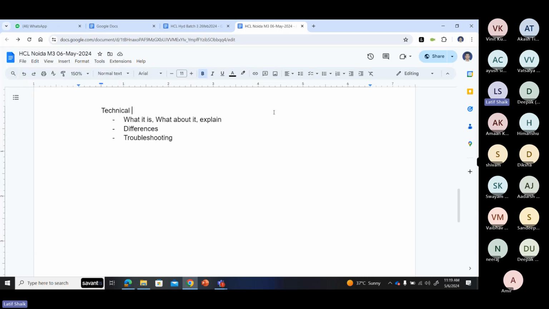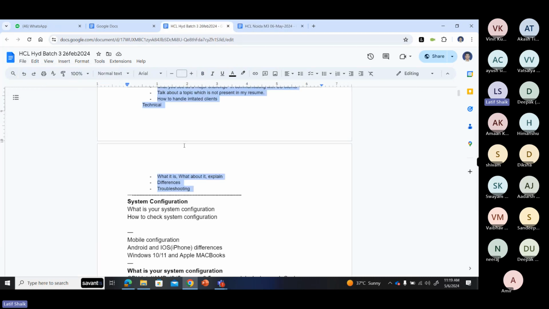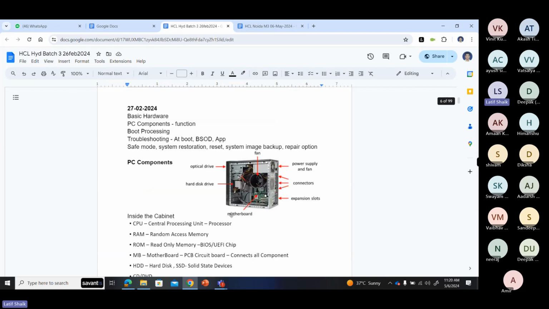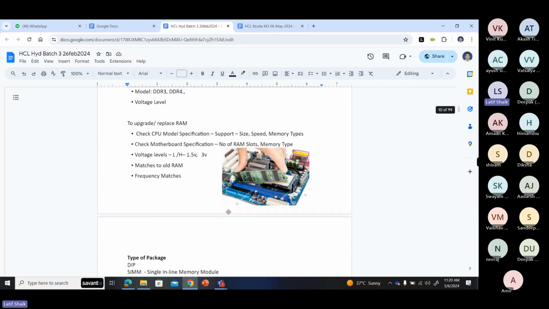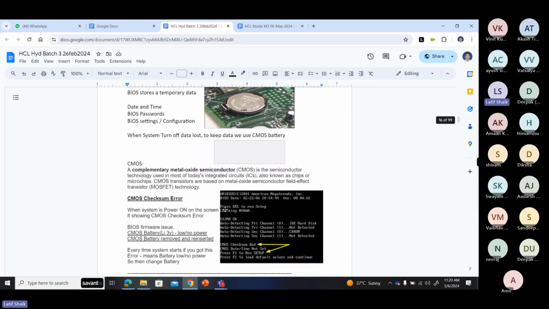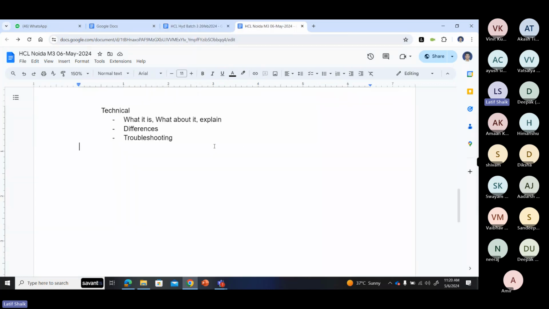You can see this is one of our batches. It's very easy notes. Every day I share it, but even after 2 days you can read it from the starting, so you don't miss any particular point.